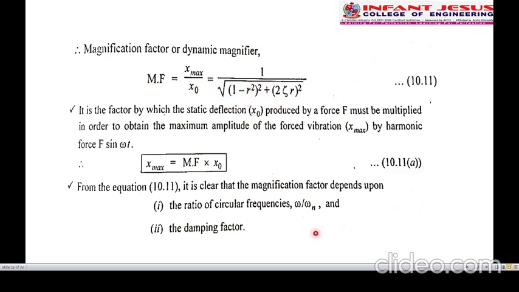What is omega by omega naught? It is the frequency ratio r, and the damping factor zeta. So the magnification factor depends on r and zeta, the damping factor and the ratio of the circular frequencies. This is omega by omega n. So this is the magnification factor.